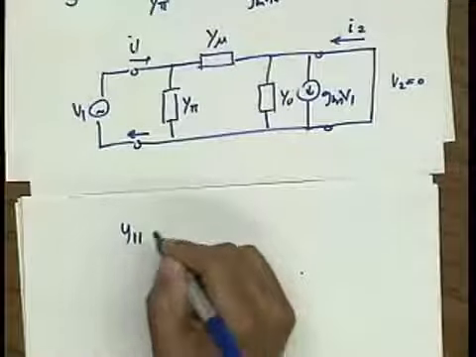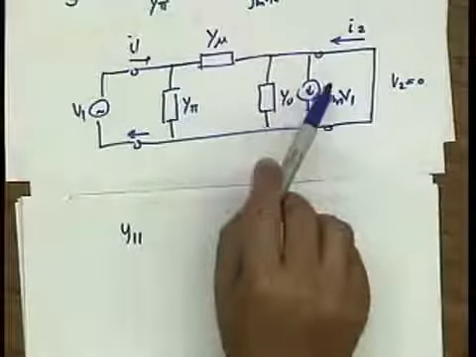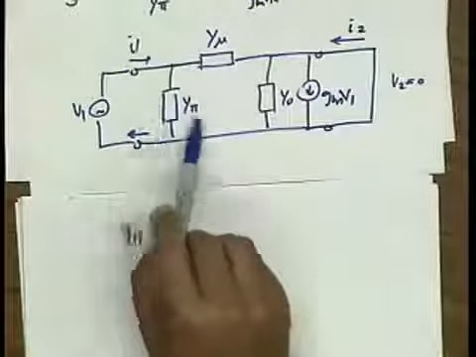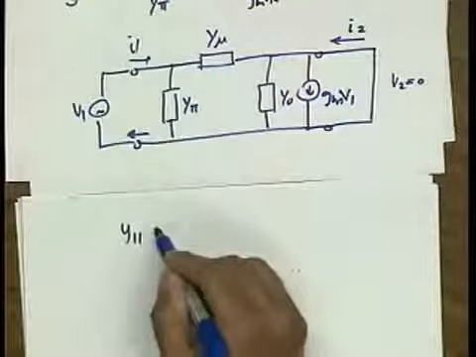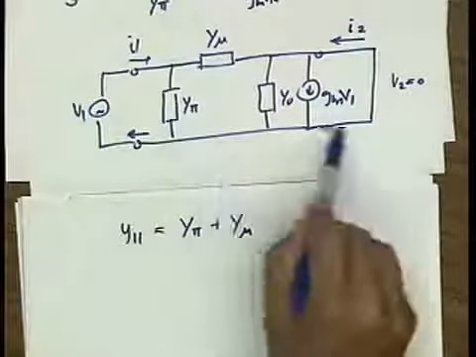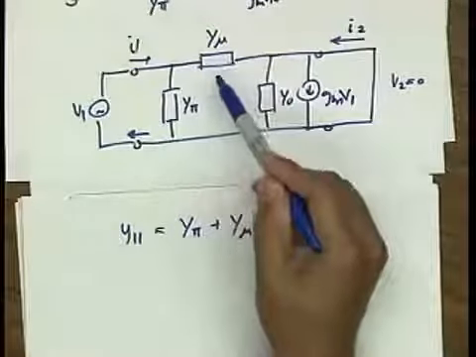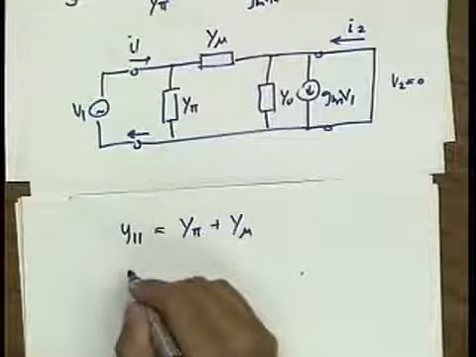And you can see now that Y11, which is the input admittance looking into here with a short circuit at the output, is simply Y pi plus Y mu, because this is shorted. These are in parallel, so admittances in parallel simply add.